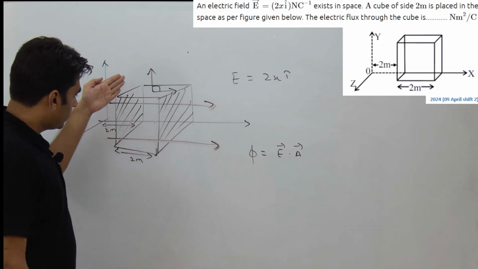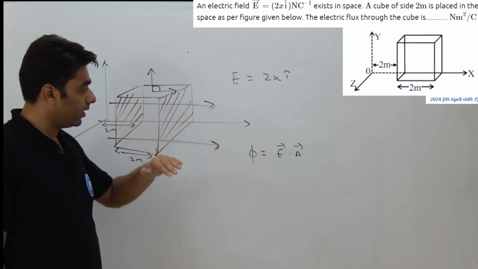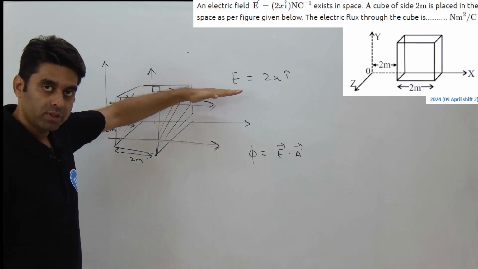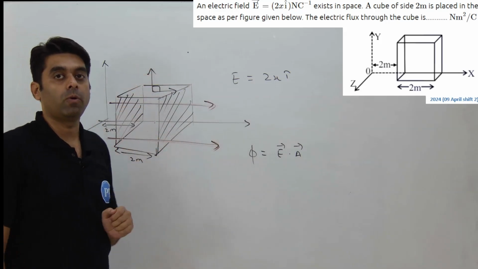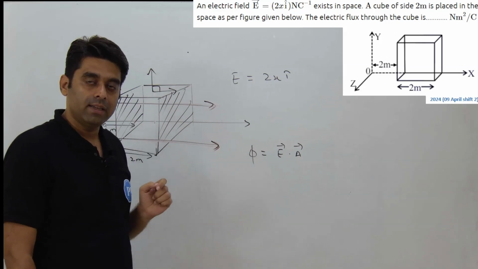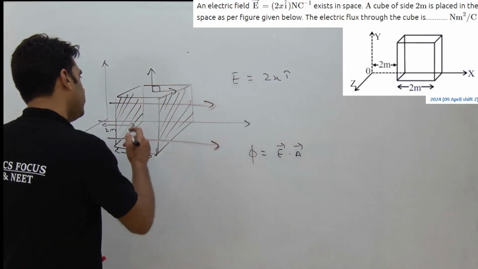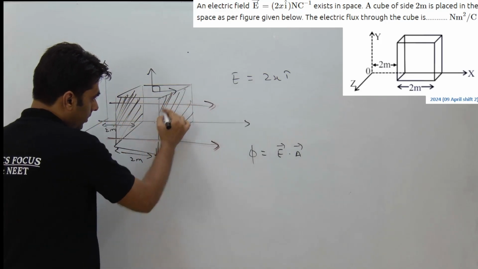First thing. Second thing, the electric field over here is along positive x direction. The area vector will be coming upward. For the bottom surface, it will come downward. So it is a 90 degrees angle, EA cos 90. That means flux will be 0. So we only need to calculate the flux due to the surface where it is entering and the surface where it is exiting.